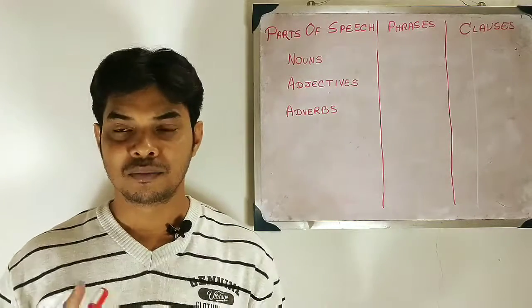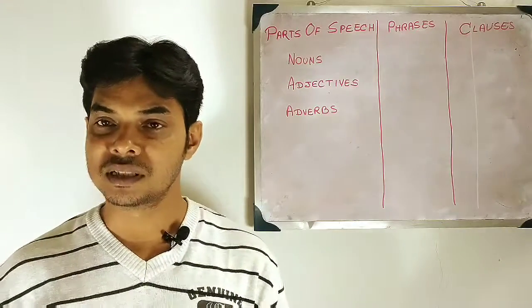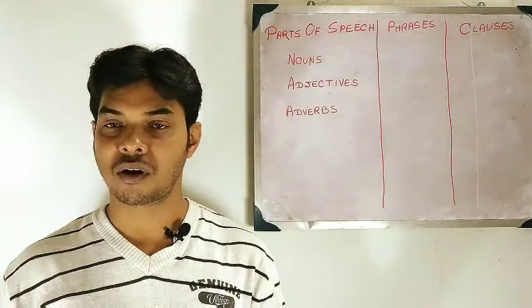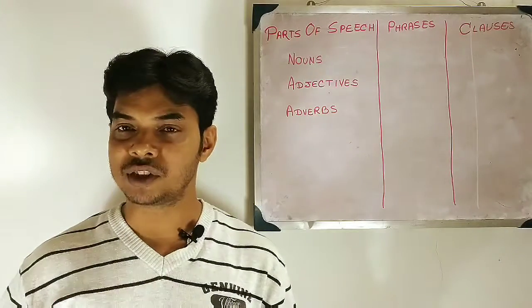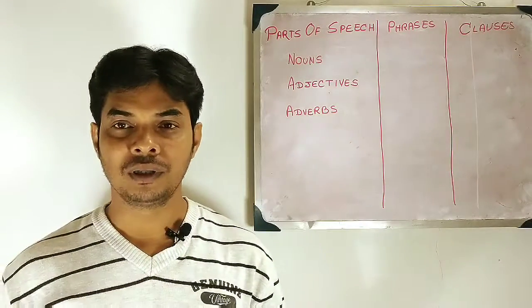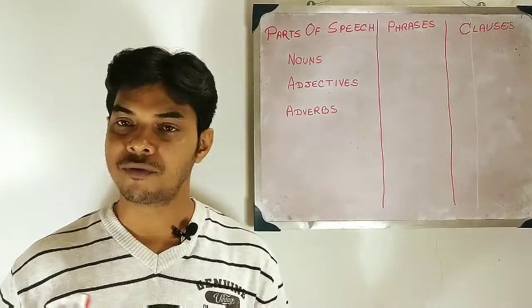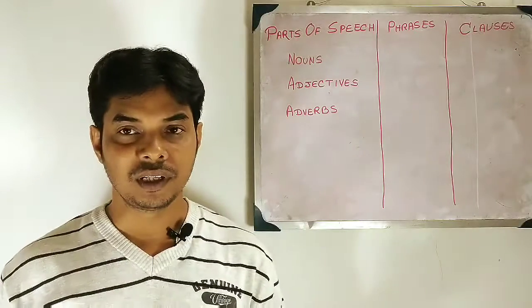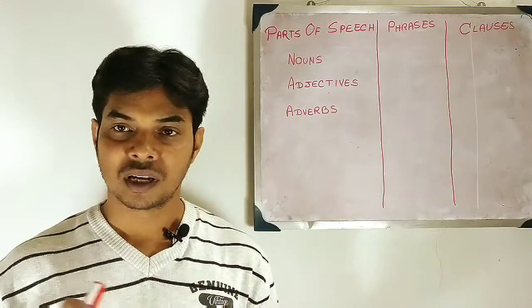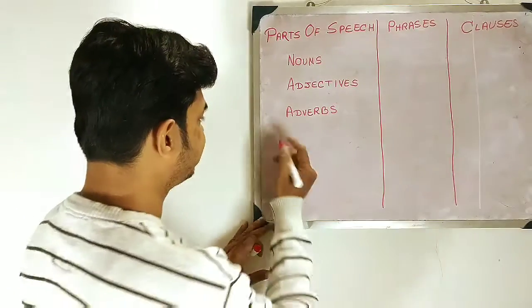But remember, parts of speech are nothing but the blocks or the units with which we start our sentence. So when we form a sentence, we use some parts of speech like this.